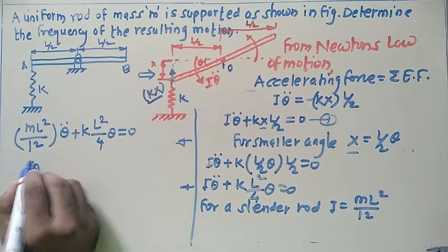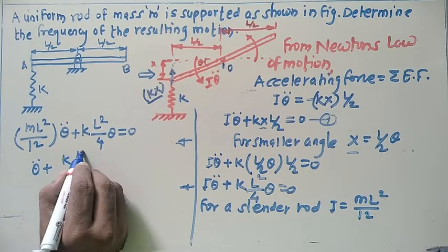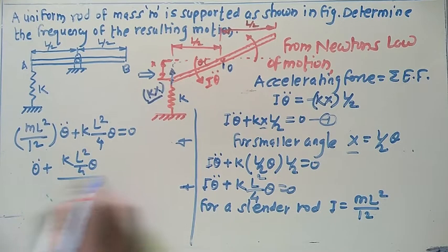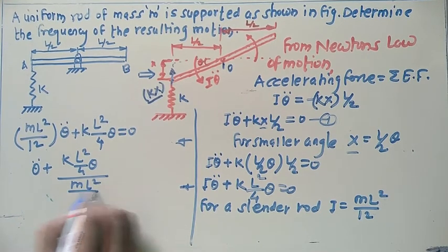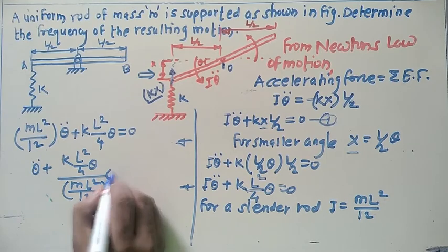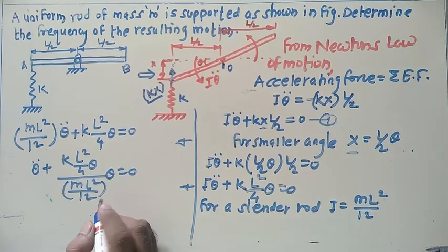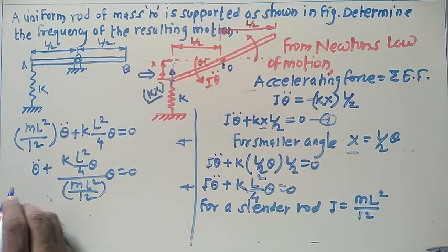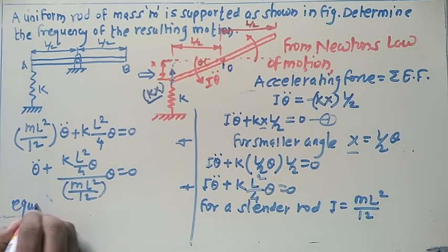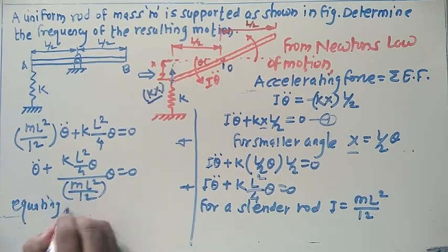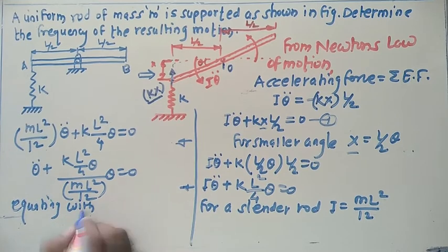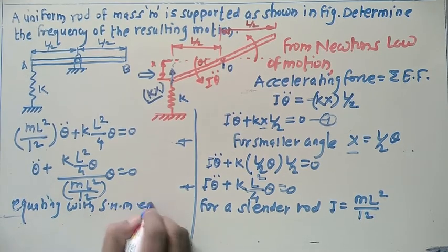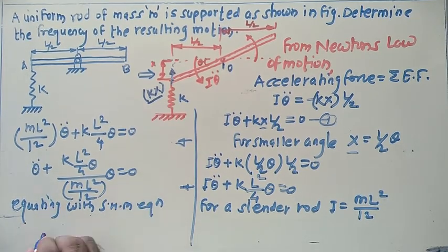Now write this equation this way: the term goes in the denominator, equals 0, equating this term with the SHM equation. What do we get here?